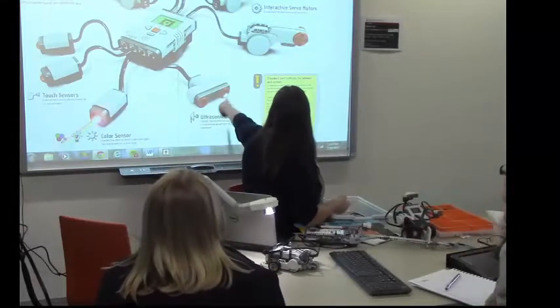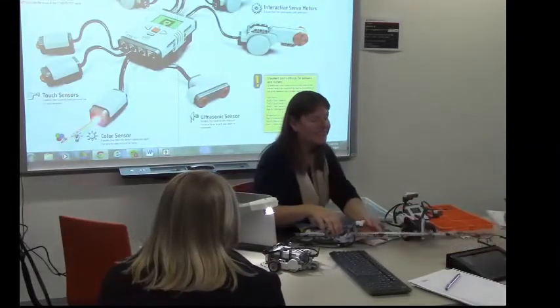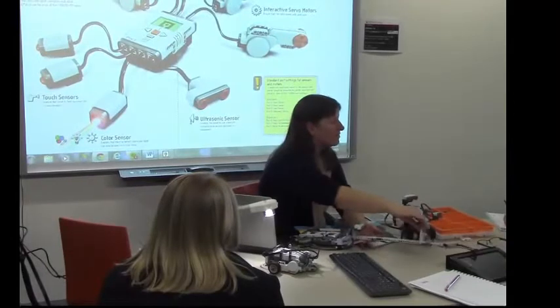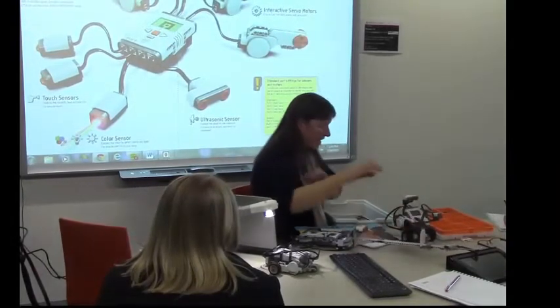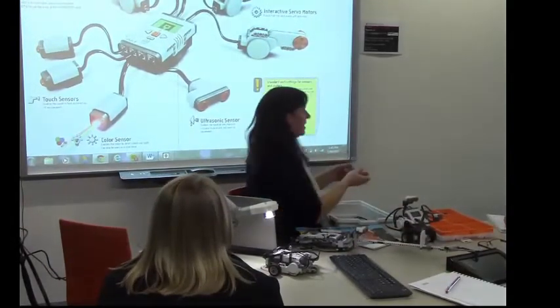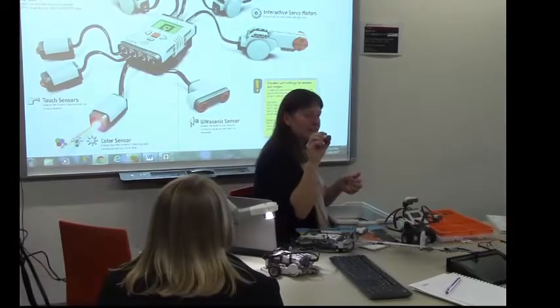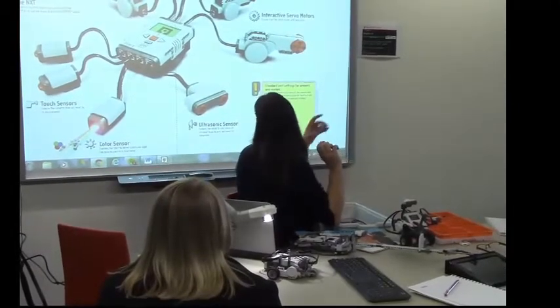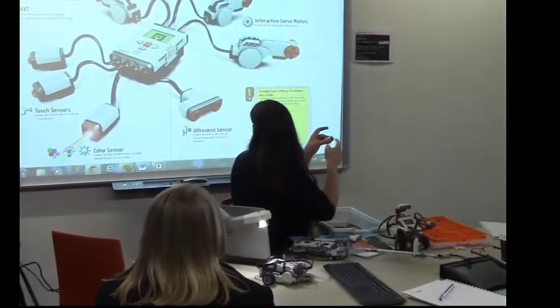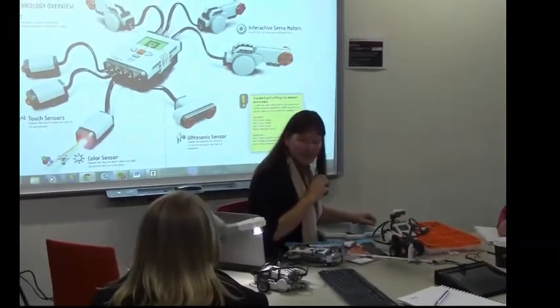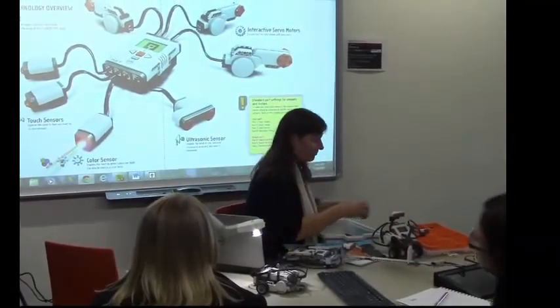Then you've got this ultrasonic sensor which senses distance, how far something is away from something else. You've got the colour sensor, and these ones are touch sensors, and there's also a sound sensor as well.